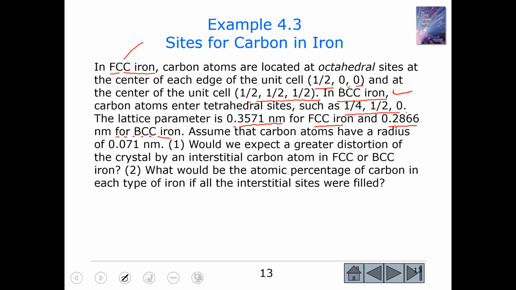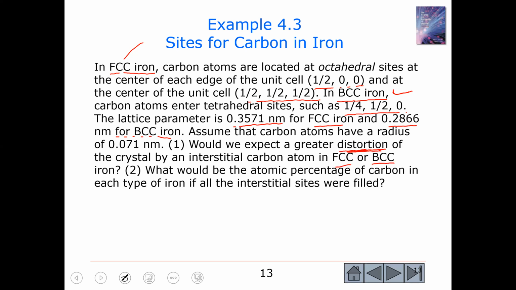Assume that carbon atoms have a radius of 0.071 nanometer. Would we expect a greater distortion of the crystal by an interstitial carbon atom in FCC or BCC iron? So what they are asking is the amount of distortion in FCC and BCC.